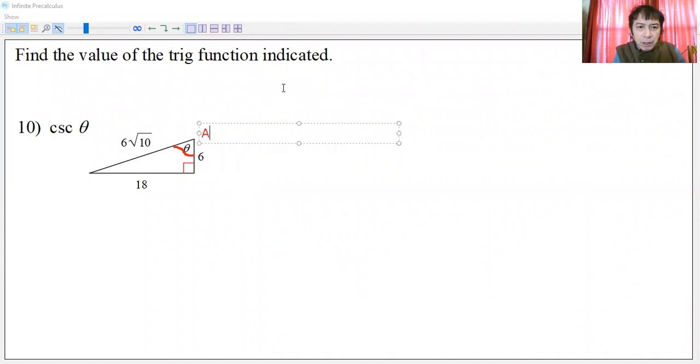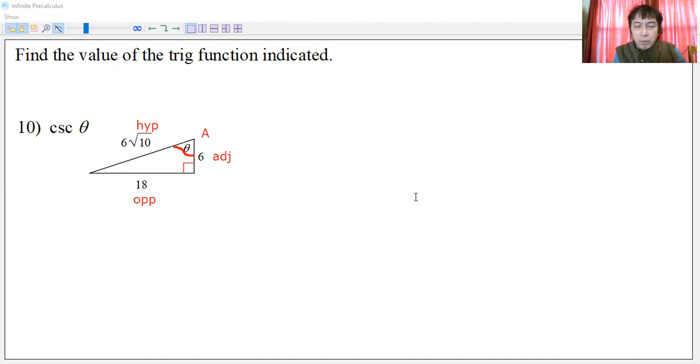We'll call it angle A, and opposite angle A is the 18. So this must be the opposite. Beside angle A is the number 6. The length of that adjacent side is 6. And the other remaining side, 6 square root of 10, is the longest side, the hypotenuse.